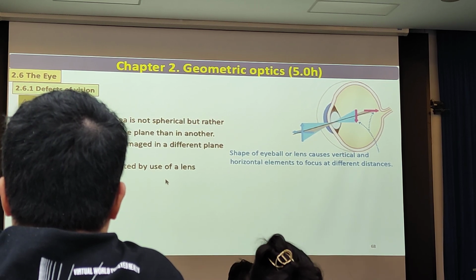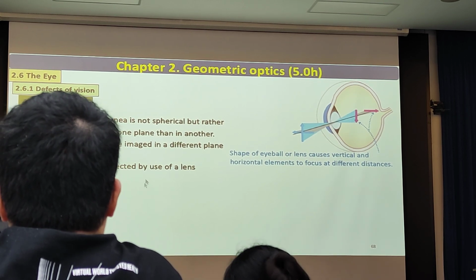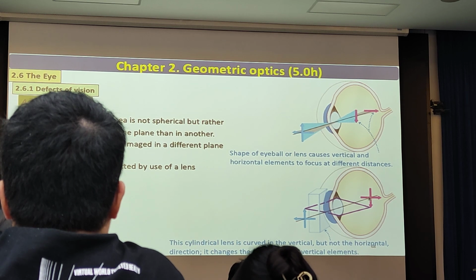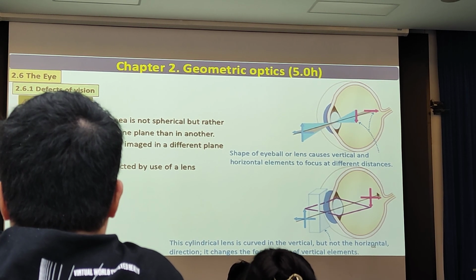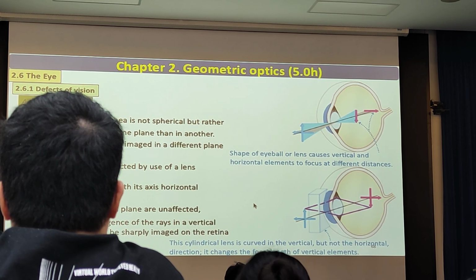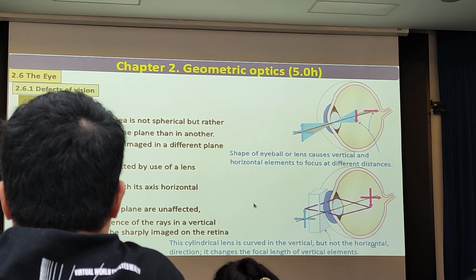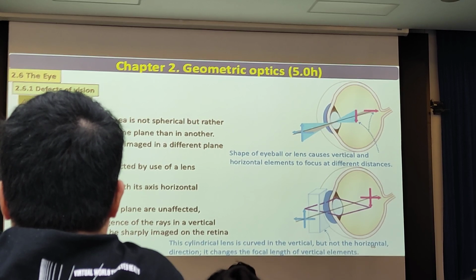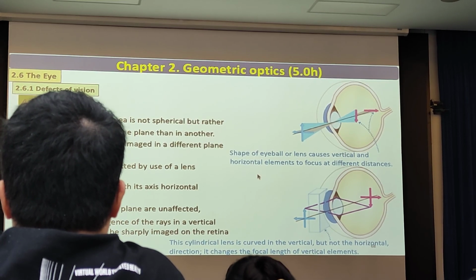So in order to fix this defect, you will need a cylindrical surface here in order to make the object in the same shape as well. Yes, it's what we need to do. We use that to keep one direction the same, but another direction we make it change and then at the same position.